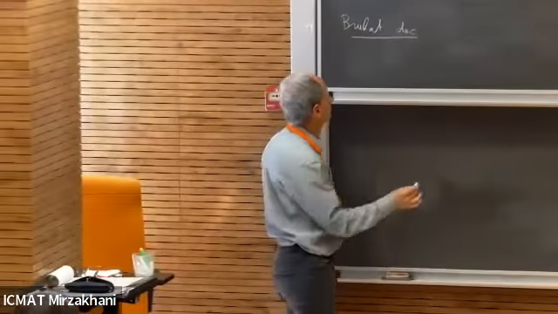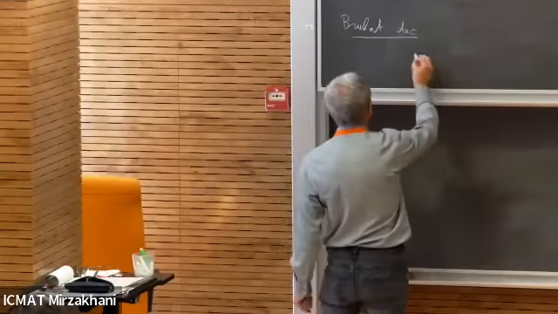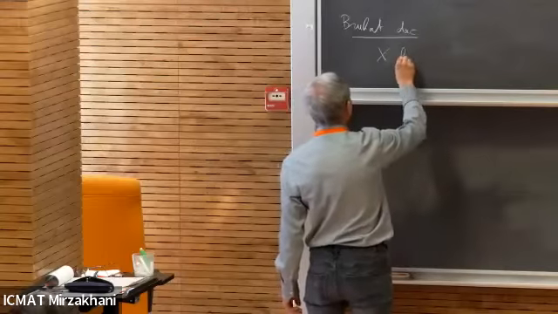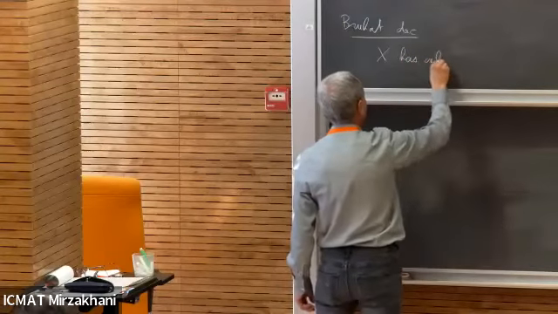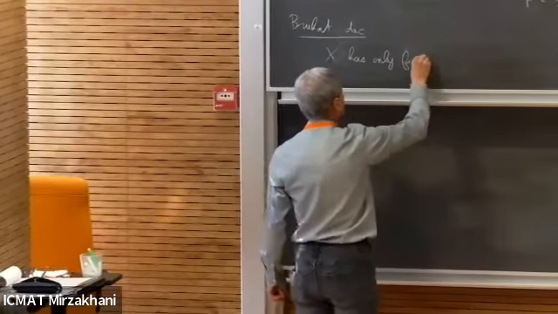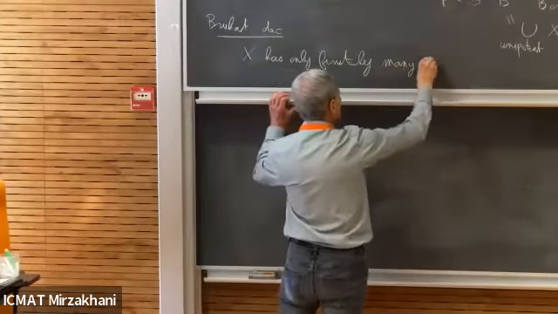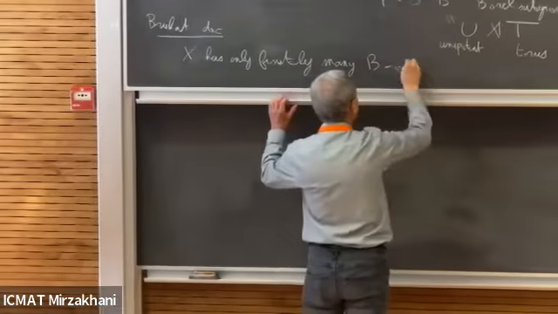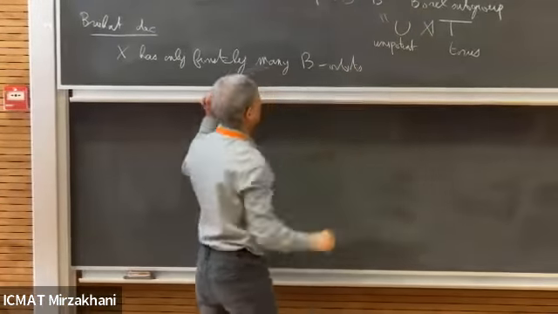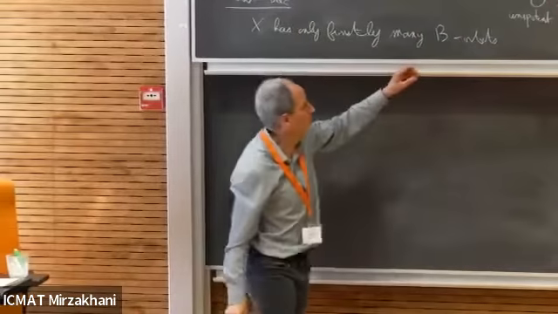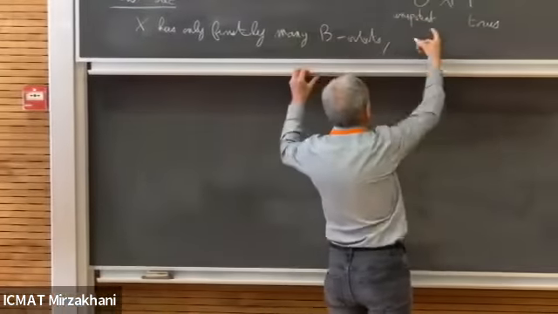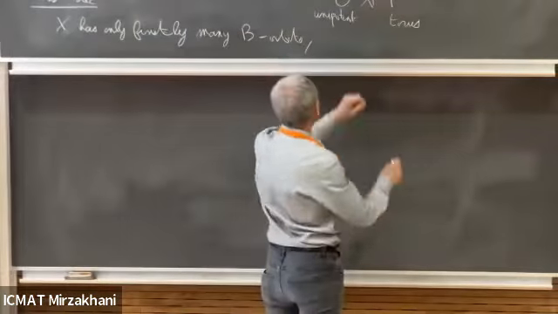Now, the Bruhat decomposition tells you, in particular, that X has only finitely many B orbits. Actually, it gives you much more information on the B orbits, and these are also orbits of this subgroup U.